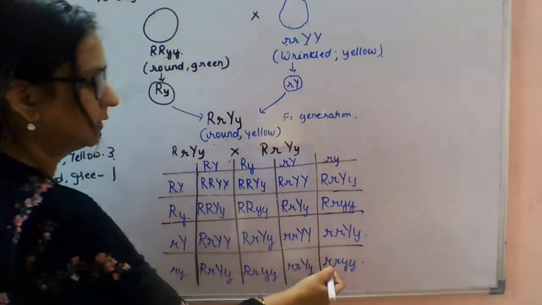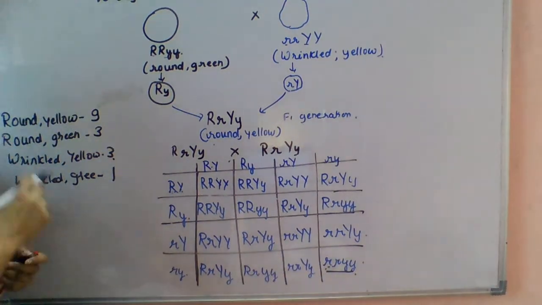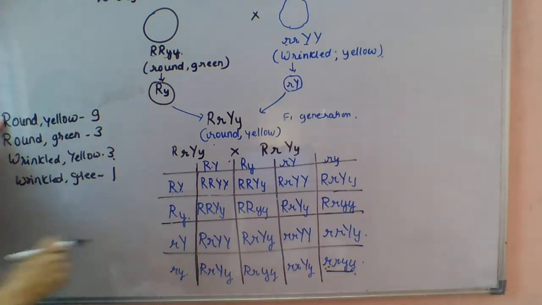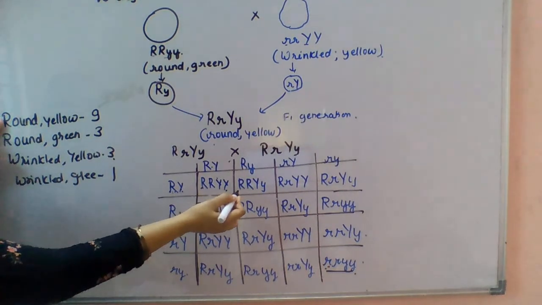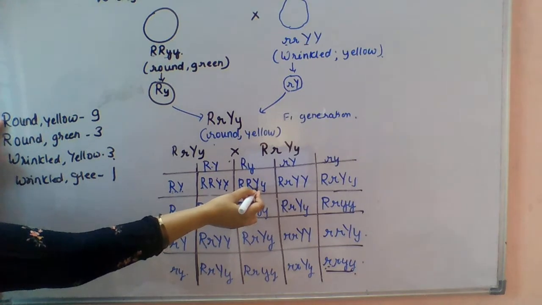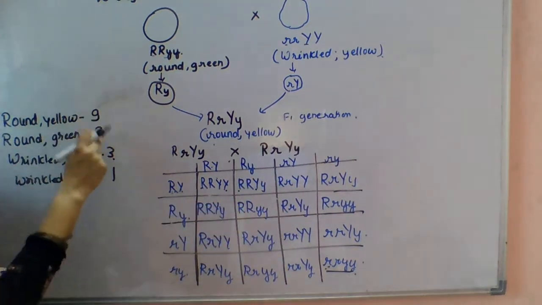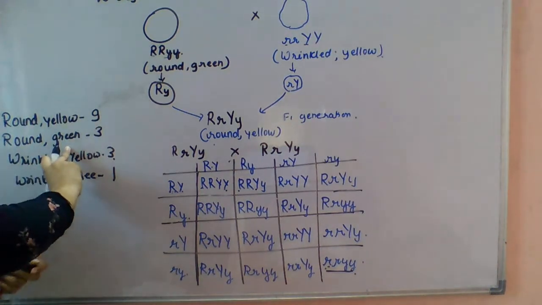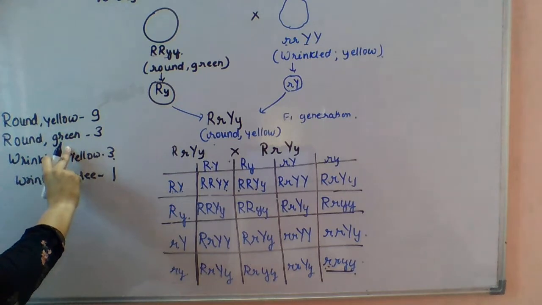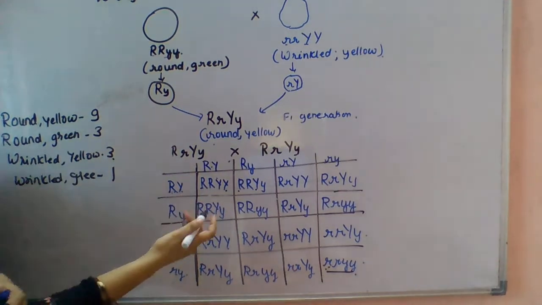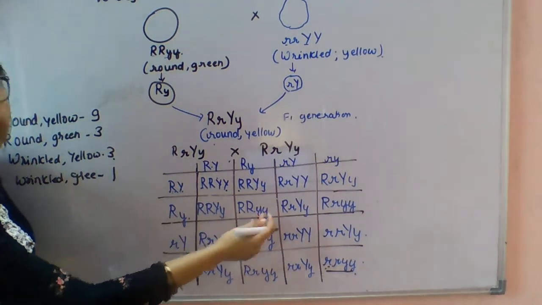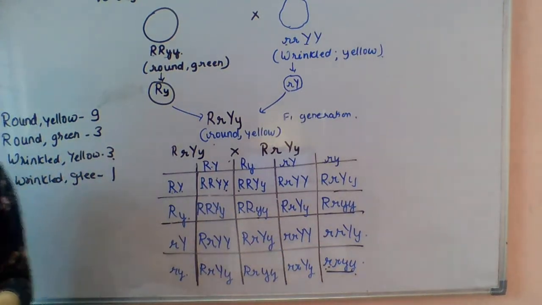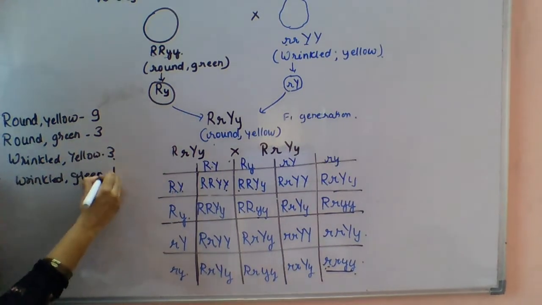You count round and yellow, definitely you can see the capital R and capital Y. Capital R here, capital Y here 1, capital Y here 2. Like this you count. 9 were there. And round and green for small y: you find here capital R and small y. Here you will find 3, and wrinkled yellow 3, and wrinkled green there will be only 1.